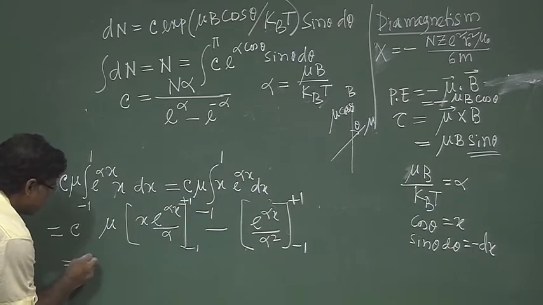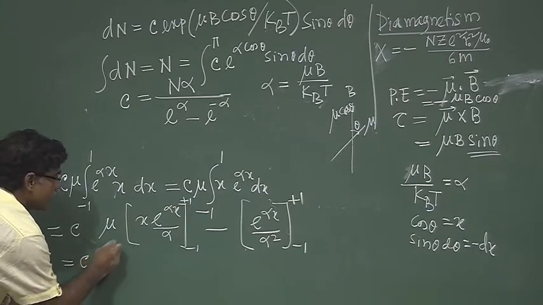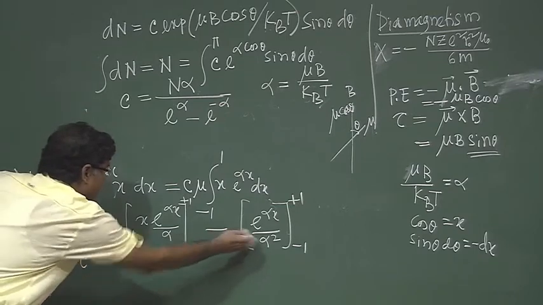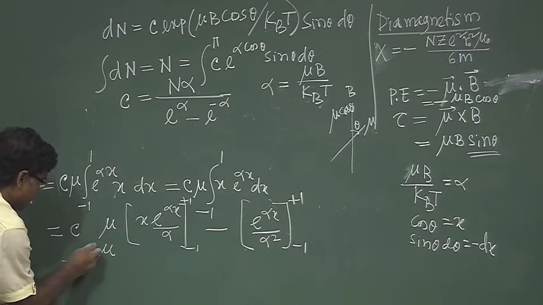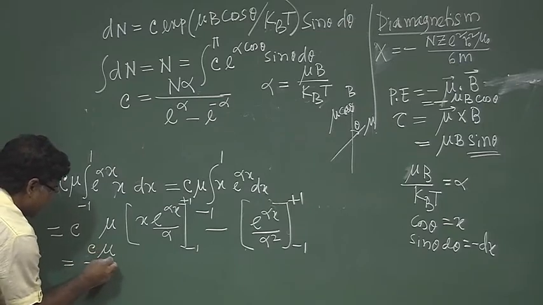You will get c mu, I can take alpha common, so c mu divided by alpha.